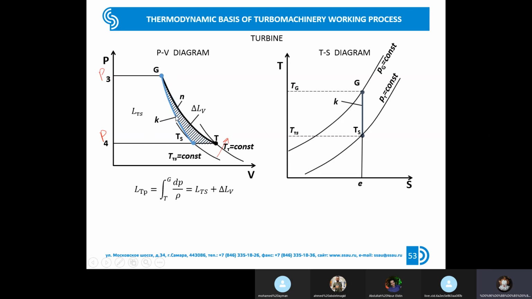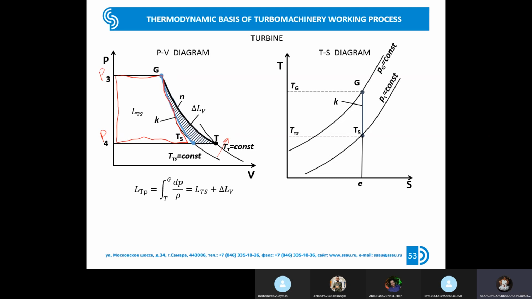So the specific work is the area to the left of the line. This is the ideal line, and the area to the left, TS 4 3 G, this area is the specific work of ideal expansion. And how do you think, what is the specific work of real expansion?